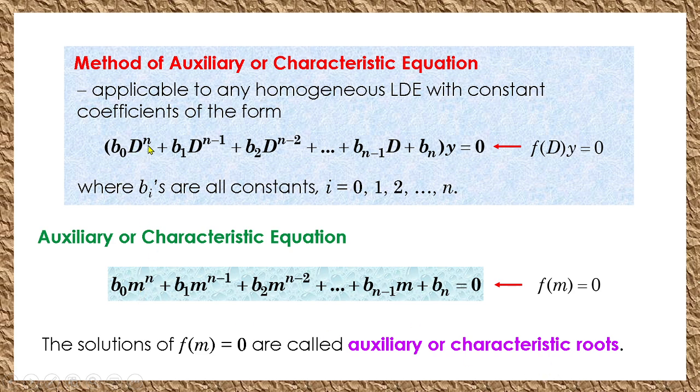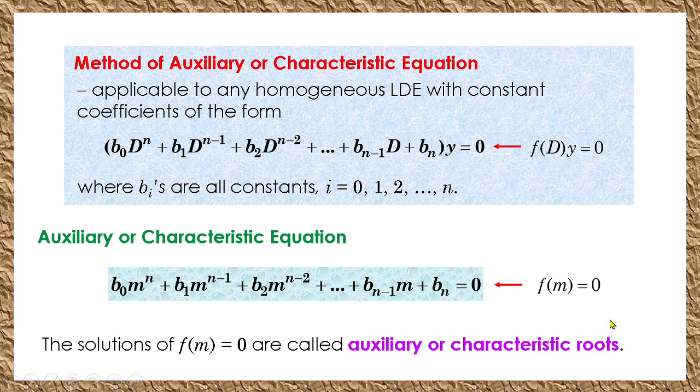The exponent of m is the order of the LDE. If the exponent of m is 3, expect that we have 3 roots. They may be all real roots or 2 imaginary roots and 1 real root, if you have a cubic equation.